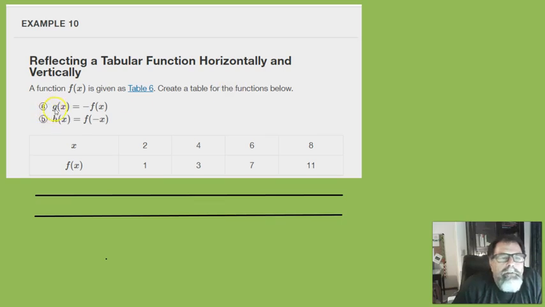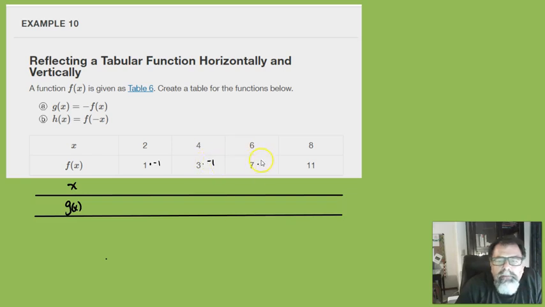We're going to do g of x is equal to negative f of x. So again, we're going to do x, g of x, which is equal to negative f of x. Remember, f of x is the y value, and you're multiplying the y value by -1.